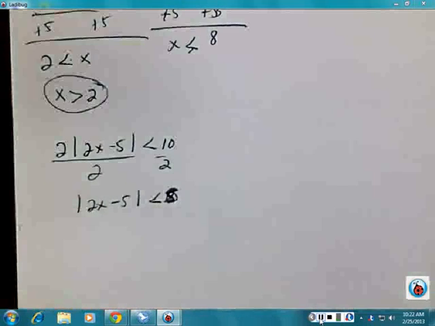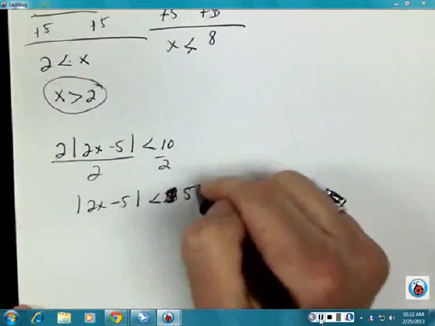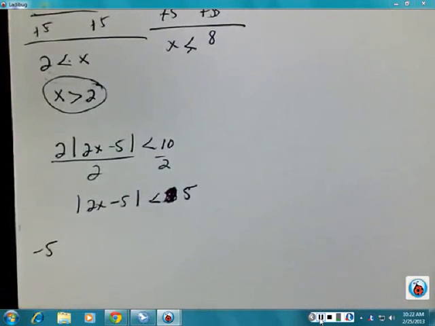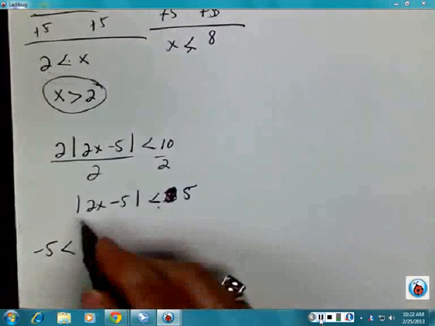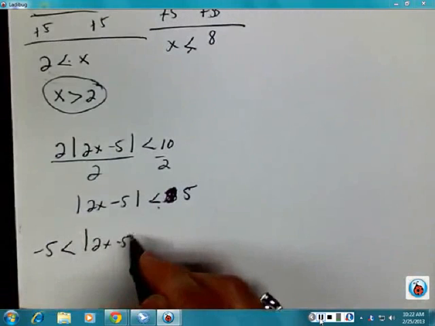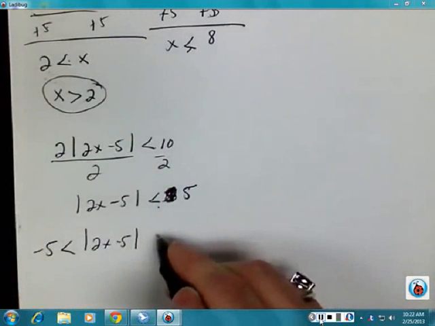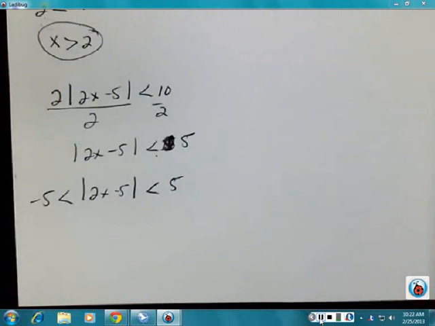Okay. How am I going to get my two equations? Oh, this is a 5. It'll be negative 5 is less than, keep the same sign. Yeah, so it'll be negative 5 less than 2x minus 5, because you're going to make two equations.